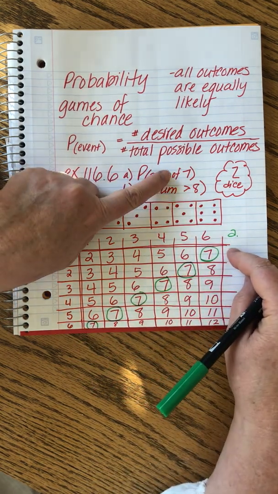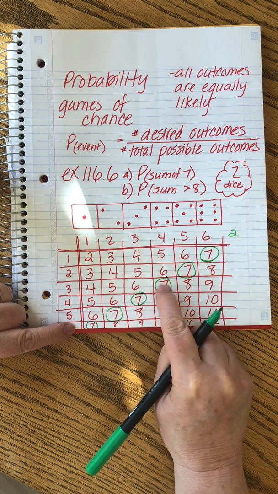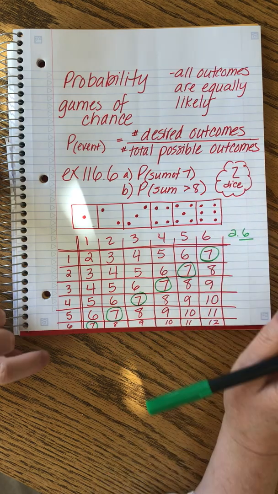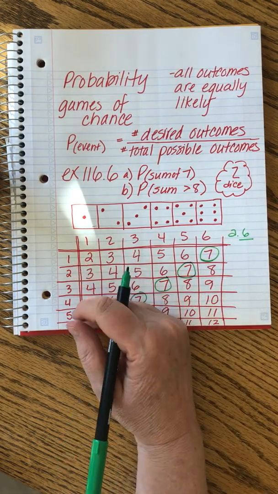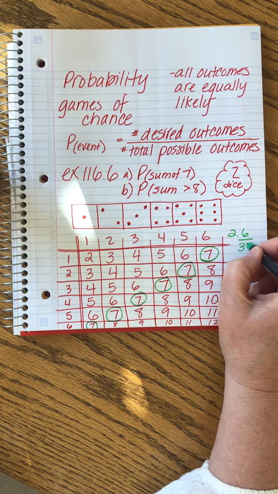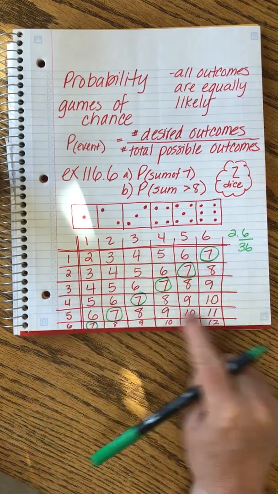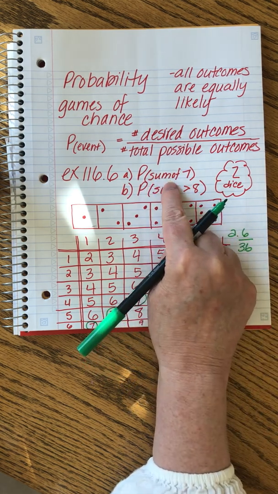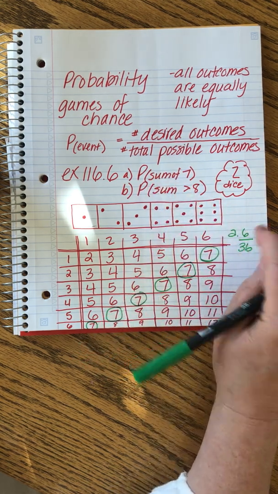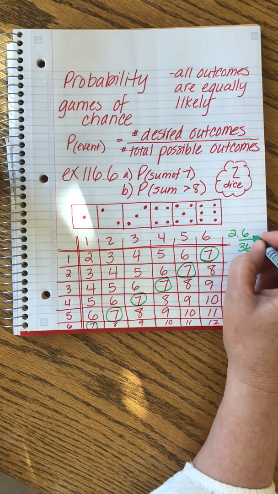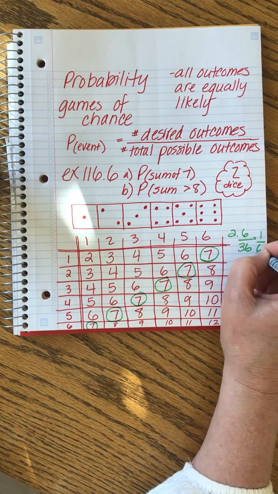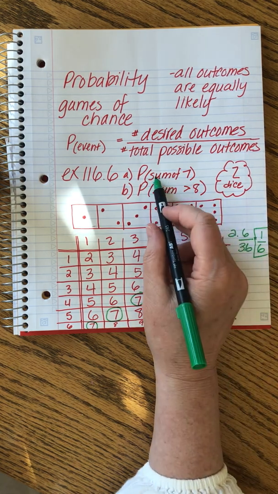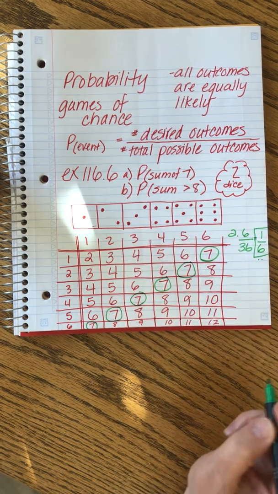The probability of rolling a 7 is 1, 2, 3, 4, 5, 6 possible, those 6 desired outcomes, out of how many outcomes in all? Well, 6 times 6, so that means there's 36. And if you wanted to count the squares, you could verify that. So the probability of rolling a 7 is 6 out of 36, which equals 1 out of 6. We reduce whenever we can with probabilities. So the probability of rolling a sum of 7 equals 1 over 6.